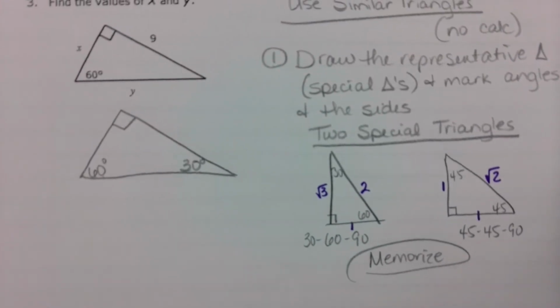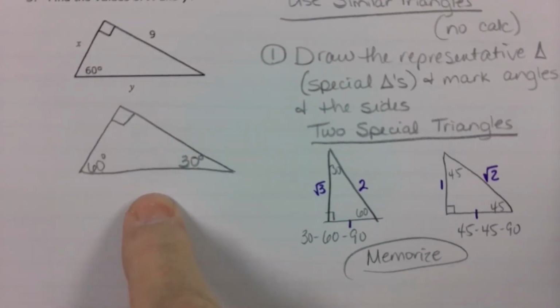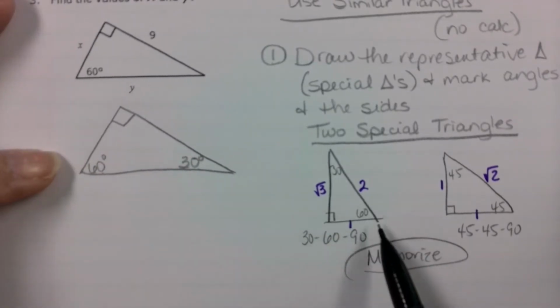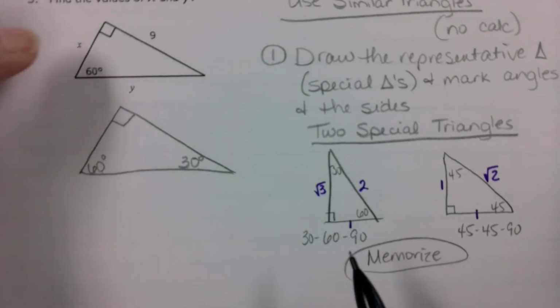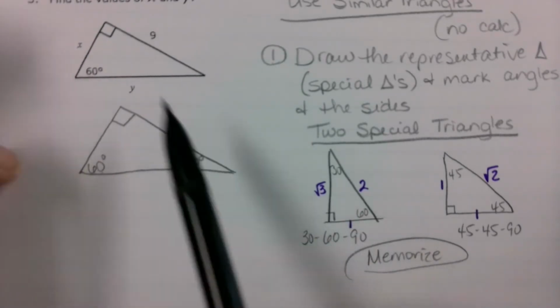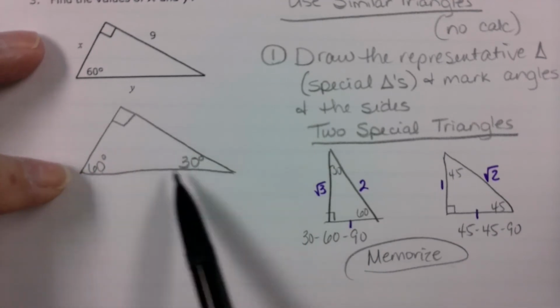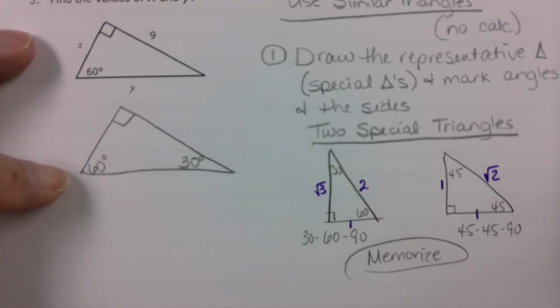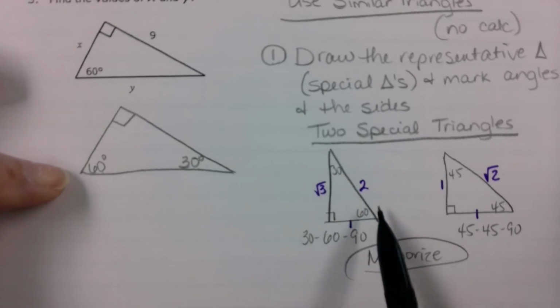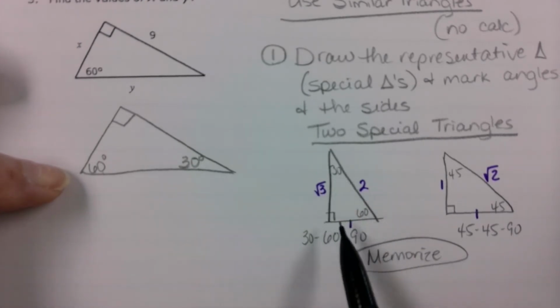Okay? So this is my special triangle that I drew with the same orientation. Meaning, I didn't draw it like this because this picture didn't look like this. I drew it with the same orientation as this one, and I marked my angles. Now I'm going to use these numbers to mark my sides. So across from 30 is a 1.